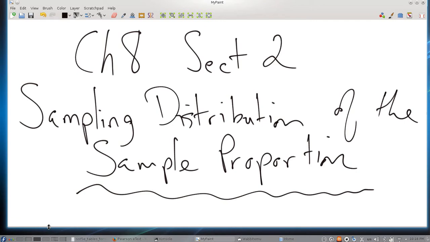Now, in this section, which is section 8.2, we are dealing with a different concept called the sampling distribution of the sample proportion, or sample proportions.